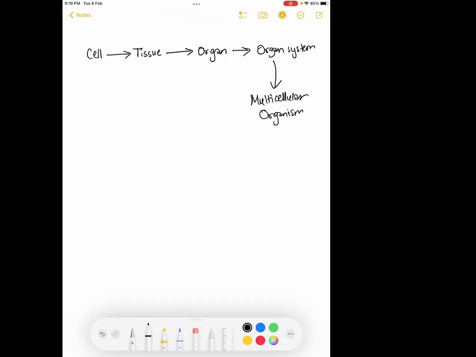So I think you already realized, yeah, this is the basic unit of life, this one. And then a group of cells basically is a tissue that carry out the same function. So I'm going to write it down. This one, let me do it in a different color.